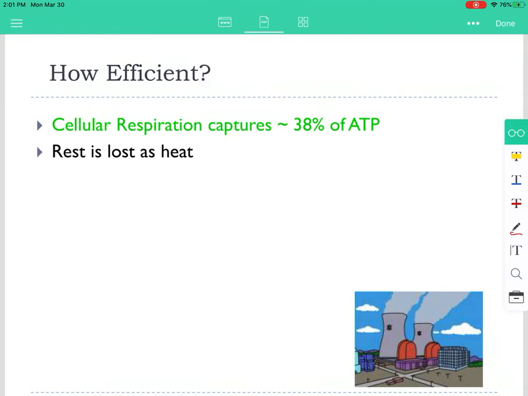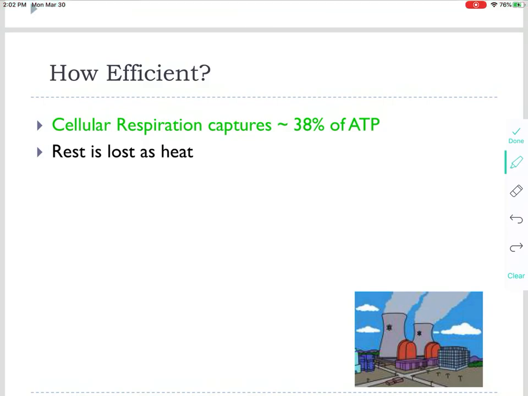Whew. Now that we've talked about the meat and potatoes of cellular respiration, the rest of this chapter, we're going to be a little bit more general. Couple points here. Is our body very efficient? It's more efficient than man-made machines. So Homer Simpson's man-made machine here may only capture 5 to 10% of the energy.